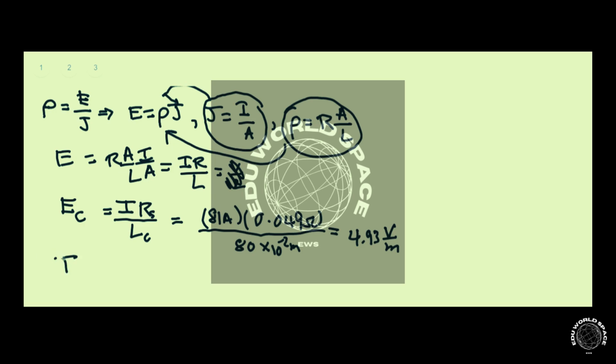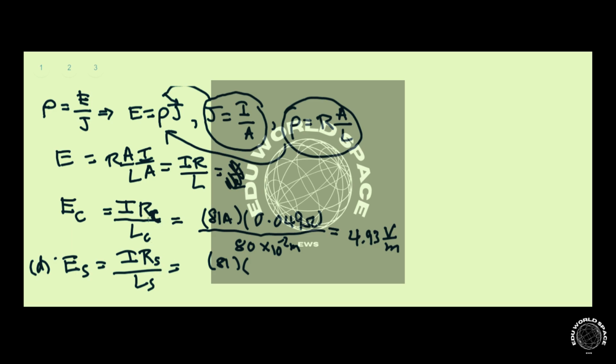In a similar way, we can find part D, which asks for the electric field in the silver part of the wire. So it has the same current. Sorry, it was a typo. So again, it's 81 amperes times the resistance in the silver part.